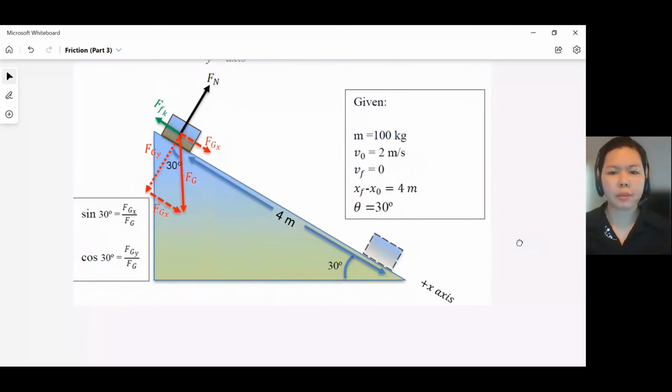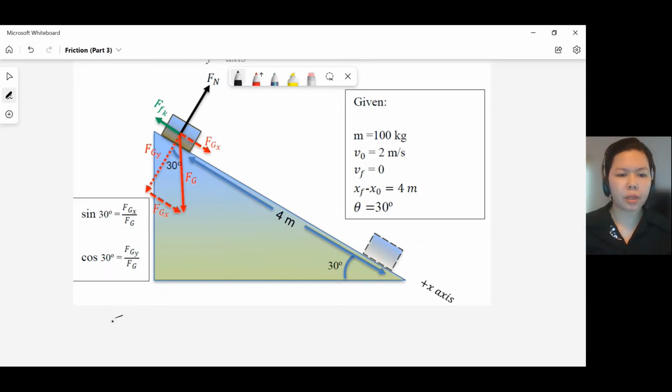Now to write our summation of Fx and Fy by looking at our free body diagram, the sum of all forces along x is equal to, down the incline, Fgx, and that's positive because down the incline is positive, and up the incline is minus Ffk, because going up the incline is negative x.